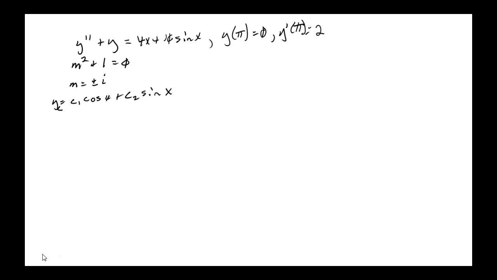So we need to proceed with our y sub p now. What would you suggest the y sub p to be? Ax plus b. Okay, ax plus b would be a good way to start it.